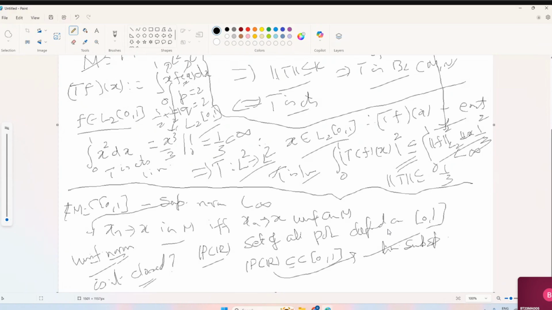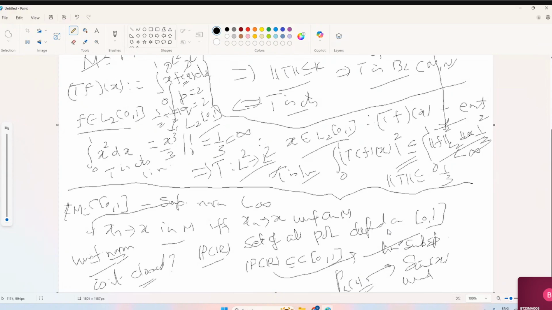Therefore, if you take, for example, sin x, this can be uniformly approximated by Bernstein polynomials as n goes to infinity. Therefore, if this were to be closed, sin x is the limit point.